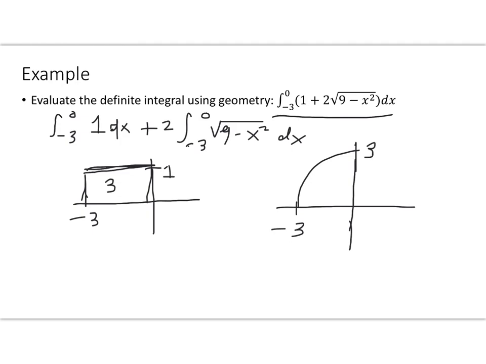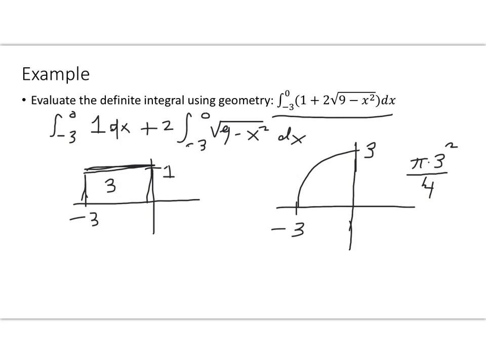What we have here is a circle of radius 3, and we're actually looking at just a fourth of that circle. So the area of that thing should be pi times 3 squared, which would be the area of the whole circle of radius 3. But we're only taking a fourth of it, so we divide by 4. So it's pi times 3 squared over 4.